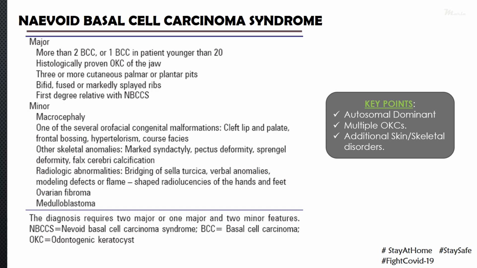So, it requires two major or one major and two minor features to identify a naevoid basal cell carcinoma syndrome.